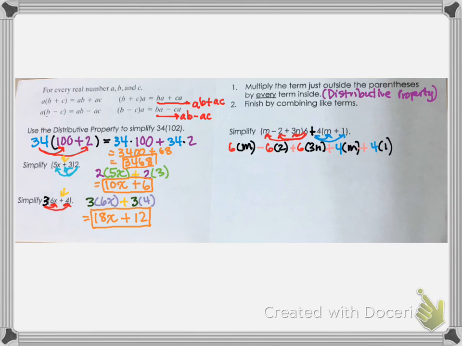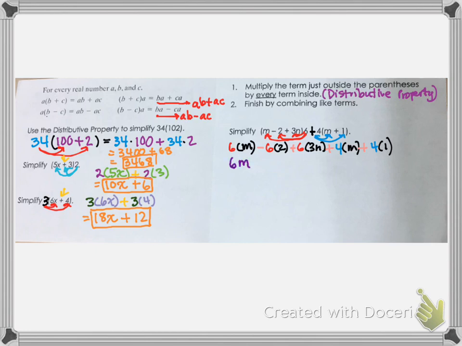So what we're going to look for when we combine like terms is anything that has the same letter or anything that's related to each other. So here's what, let's just multiply out.